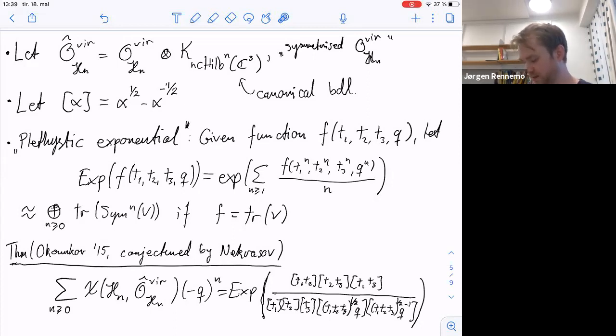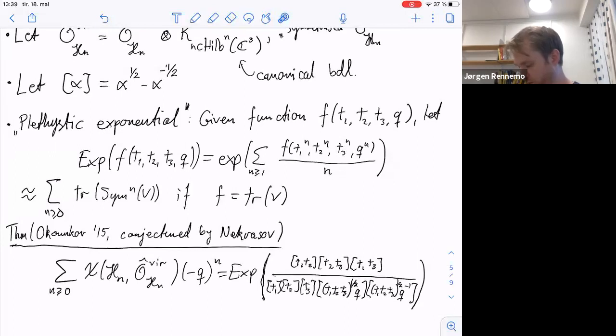The way to see this as a natural thing is that if f is the trace of some representation, then the plethystic exponential corresponds to, I should be writing this as a sum instead, the sum of the traces of all the symmetric powers of V. Okay, so here's the theorem then.